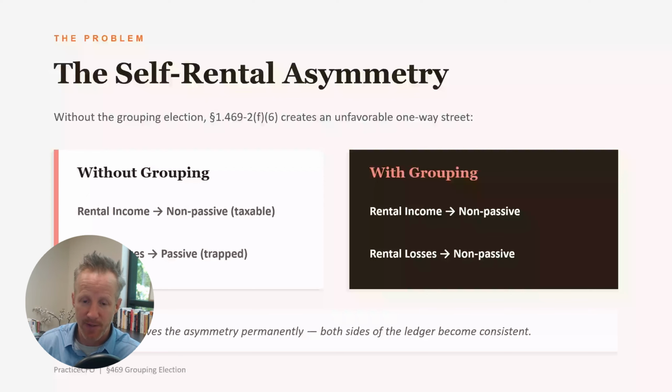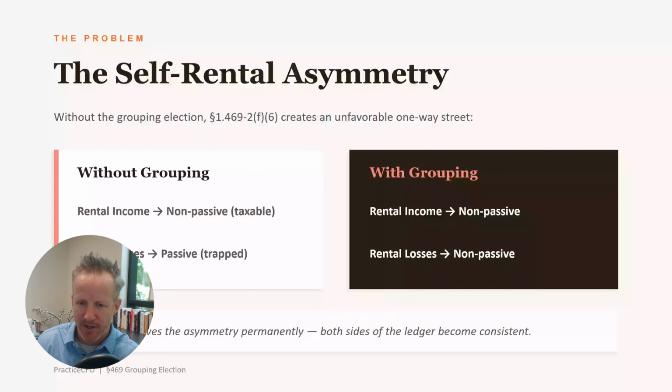It is non-passive income. And so if you have losses in your outside real estate, you cannot use the income in your building LLC for your practice. You cannot use the building LLC income to reduce or offset the income or the losses outside of your practice.